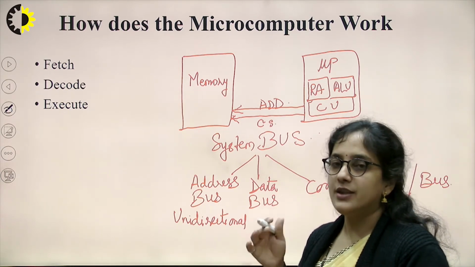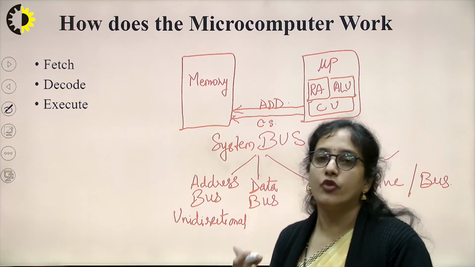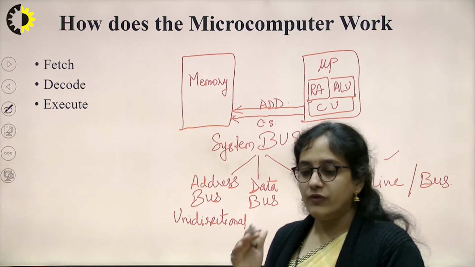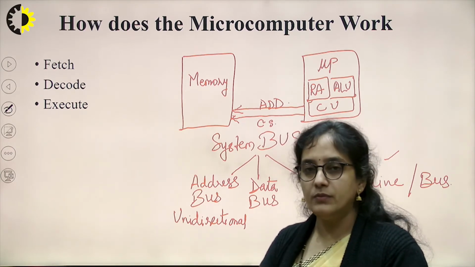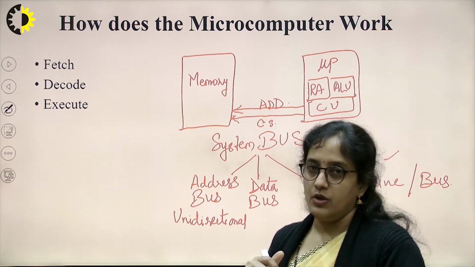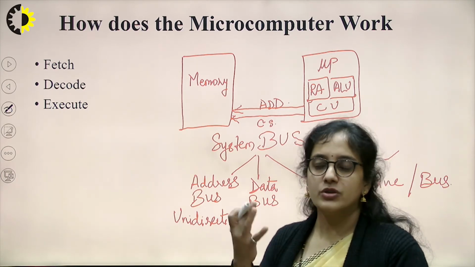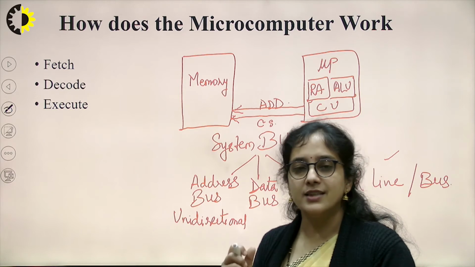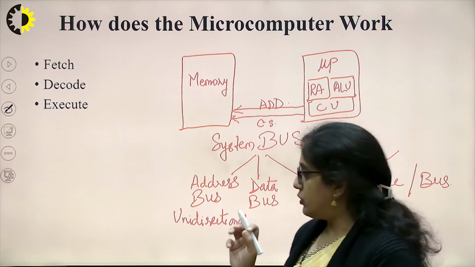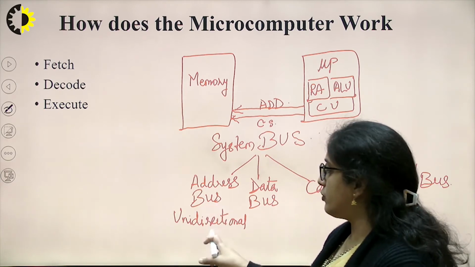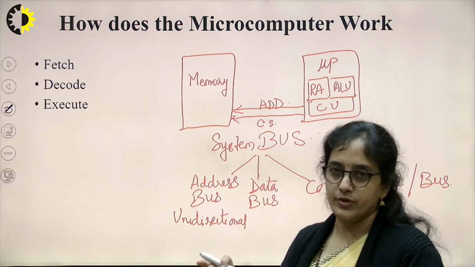The address is always generated by the microprocessor, because the microprocessor decides from whom it has to take the data. To take the data, it sends the address, identifying which device it has to communicate with. So it is always unidirectional and from the microprocessor.